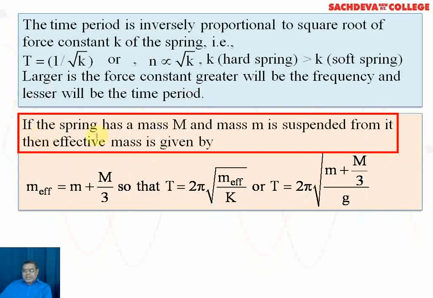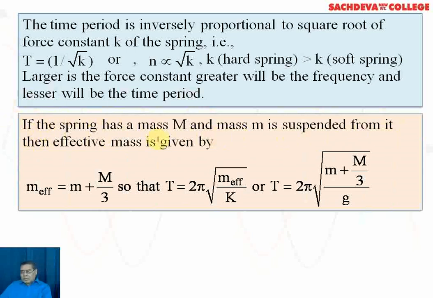Now, if the spring has mass M and a mass m is suspended from it, the total mass would be M plus m.